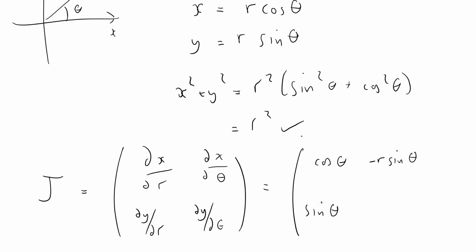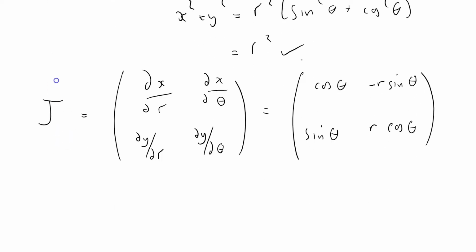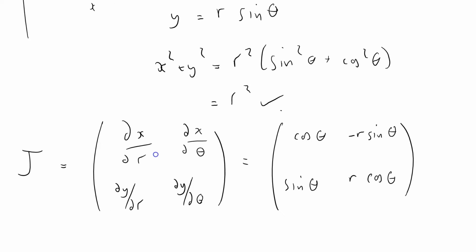And di y di theta is going to be r cos theta. There we go, isn't that beautiful? Of course I could express the cosines and sines in terms of x's and y's, but I can't really be bothered to do that. I think this is a nice way to do it.